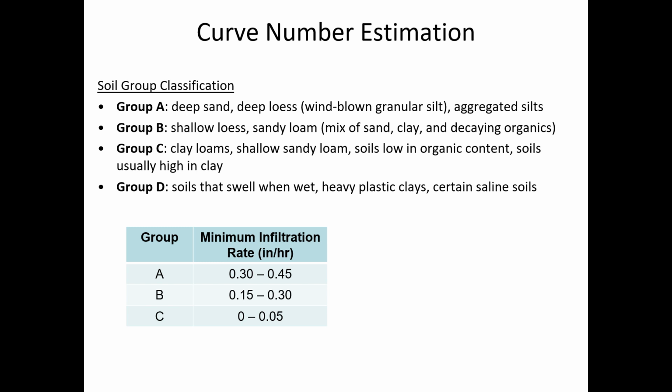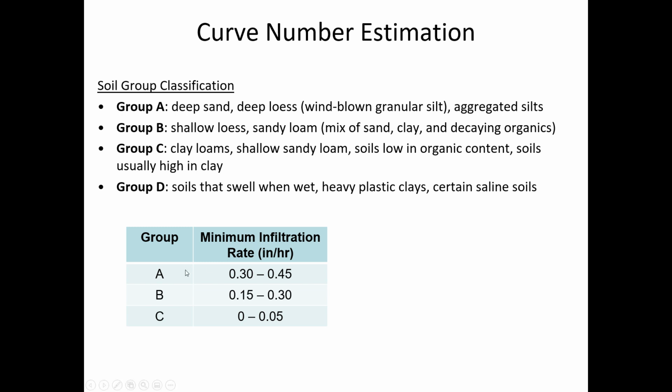So the first thing that you have to do to know what curve number to use for a watershed is to consider the soil properties. And there's such a wide continuum of soil types that what they do to assign these soil classifications is their minimum infiltration rate when the soil is fully saturated, its voids are full, and you just have gravity drainage.